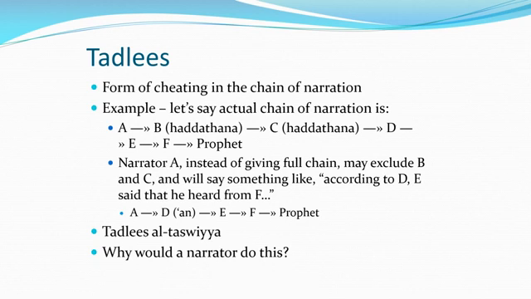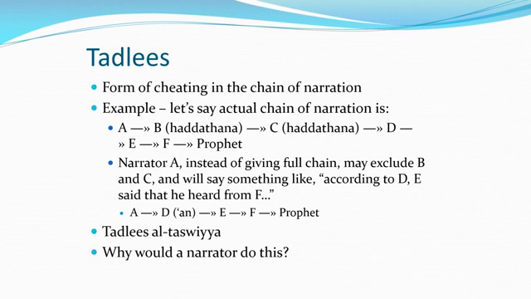So an example of tadlis can be seen in the following hypothetical chain of narration. Let's say the actual chain of narration is as you see at the top of the slide, that the hadith comes down from the Prophet through F, through E, through D, and C says that D haddathana, and then he tells B, and B says C haddathana, and then he tells it to A.